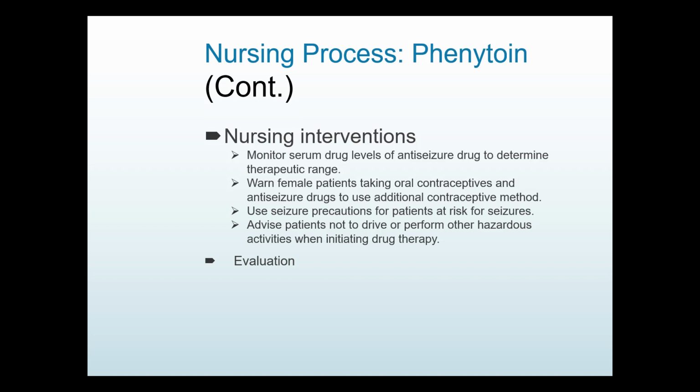So as I said before, for the nursing interventions, you're going to monitor the drug levels. It's just a blood test, and it's called a Dilantin level. And if they're female patients of childbearing age, you're going to talk to them about contraceptive methods.